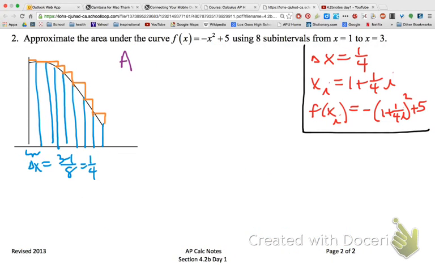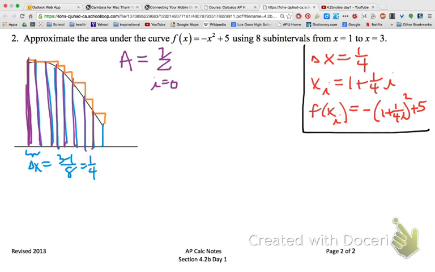Now remember, the only thing that changes really on the left sum is this time I start at 0 and go to 7. So I'm looking at the left side. So I would have started with the 0th side, and then the first, and then the second, and the third, and the fourth, and the fifth, and the sixth, and the 7th.